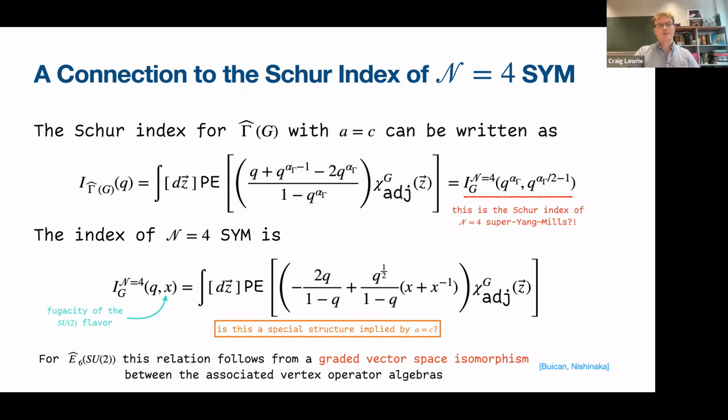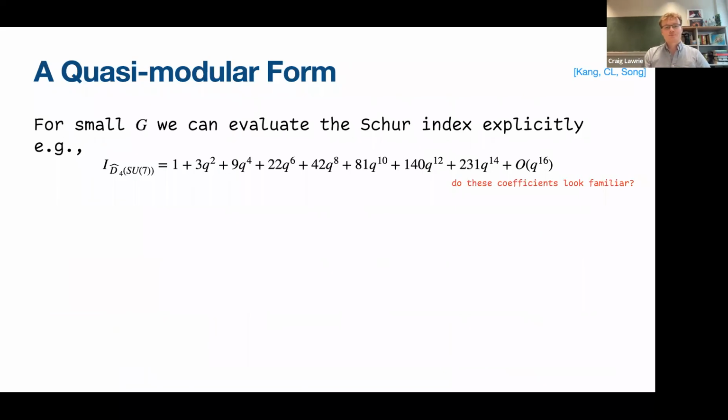So let me give you another one. You can just evaluate the Schur index, at least for small gauge group ranks, and I write it here. So this is the D4 hat SU7 theory, and you see it has an expansion that looks like this. So do these coefficients look familiar?